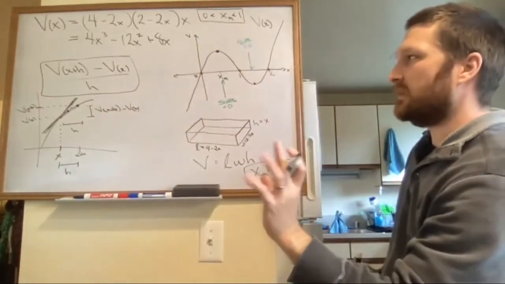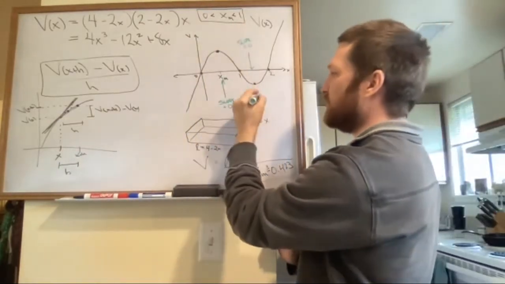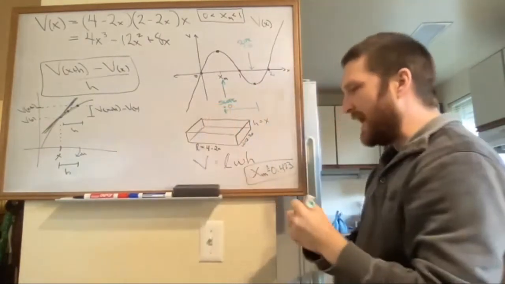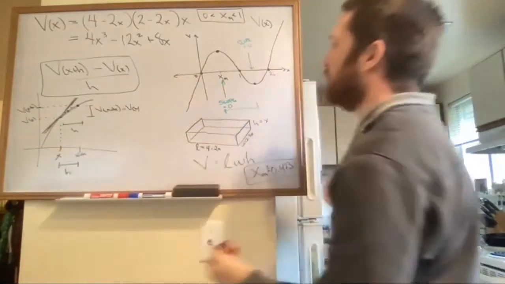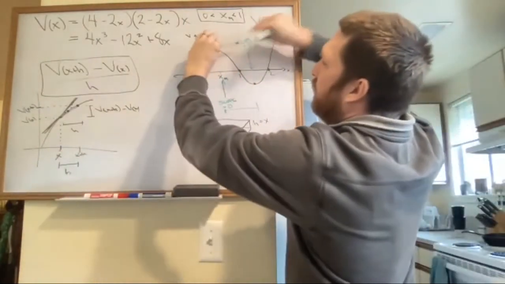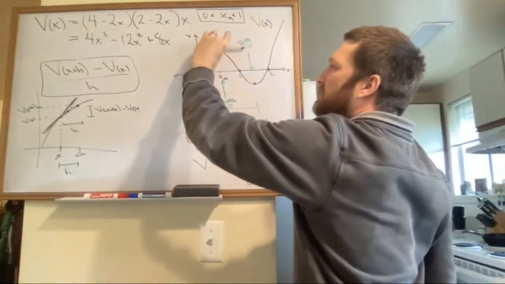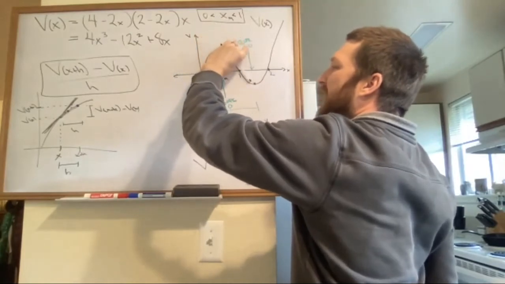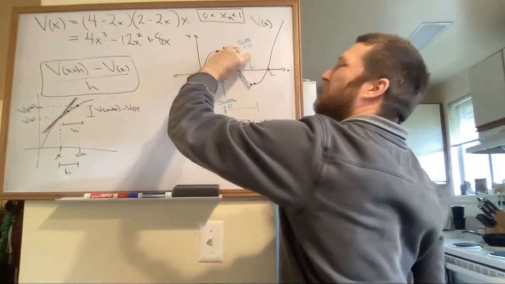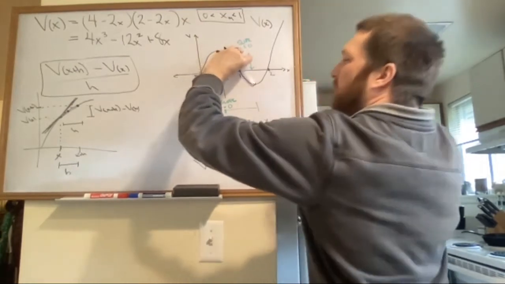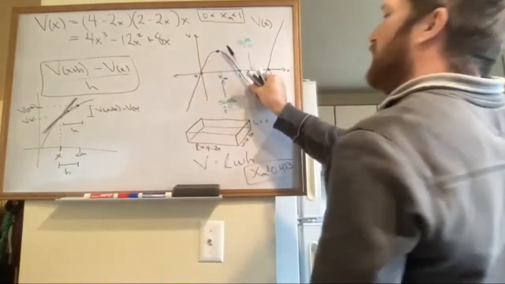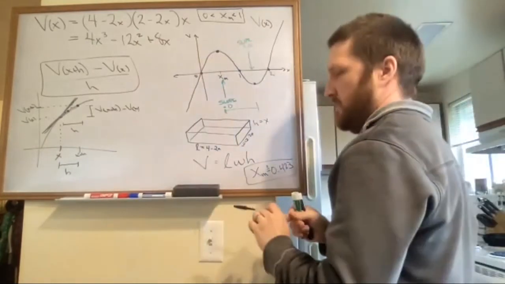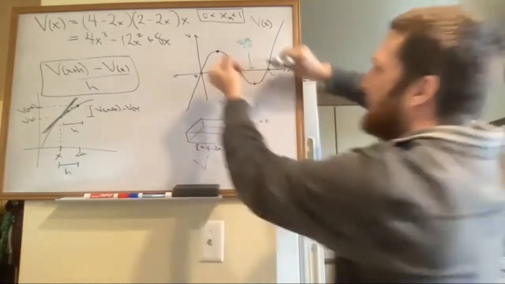Here's another thing to notice: between these 2 points, let's imagine we're drawing our slopes. When we're right here, my slope is 0. And then when we move over into here, it's pointing down. So is the slope positive or negative in here? The slope of my pen, is it positive or negative? Negative.